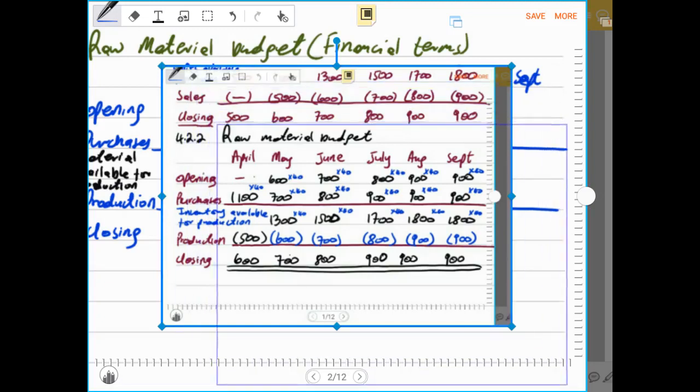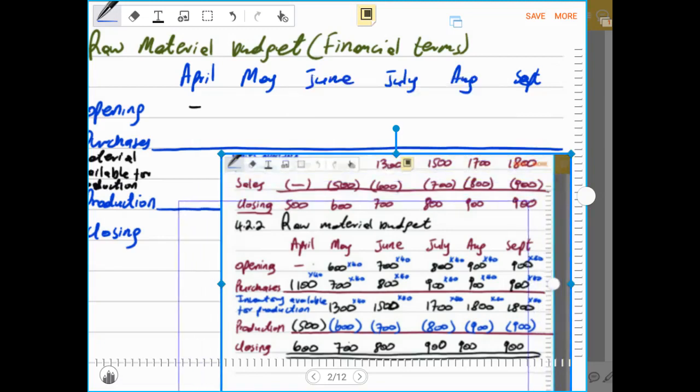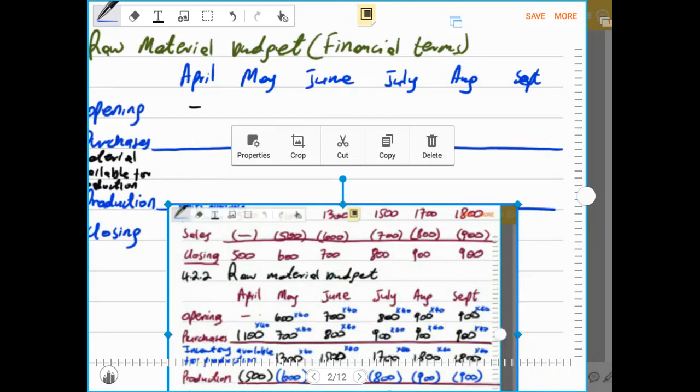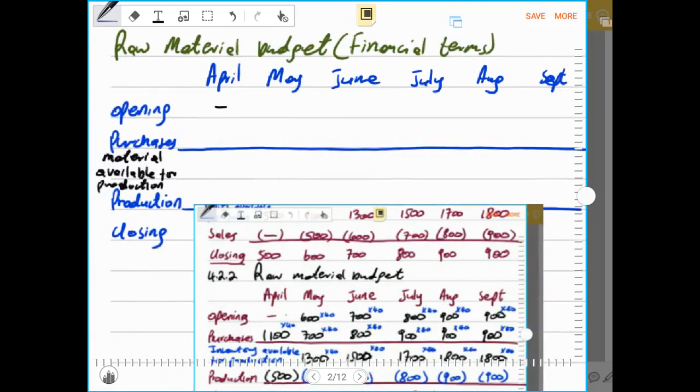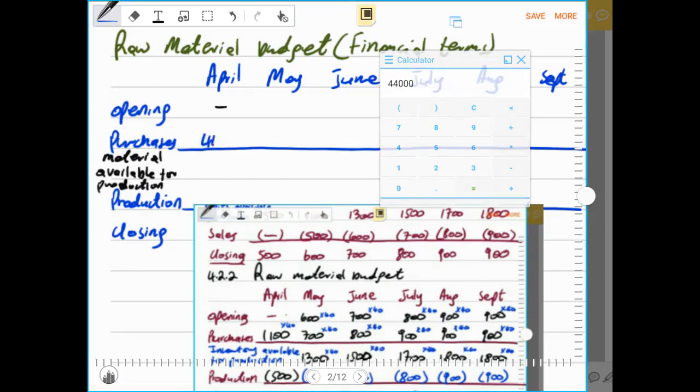Therefore now we'll be saying, in this case, 1,100 times by 40. This gives us 44,000, which is our purchases. Then we record that as 44,000.